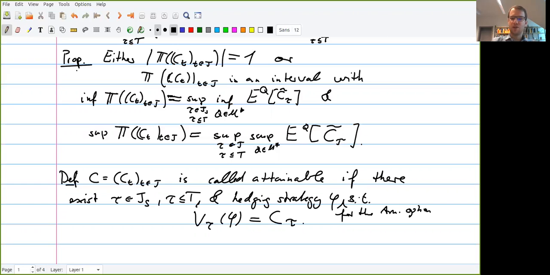But it's called attainable if you can also find a stopping time where these two match, and this will usually be the optimal one. Okay, so this is what I want to call attainable in the context of an American option.